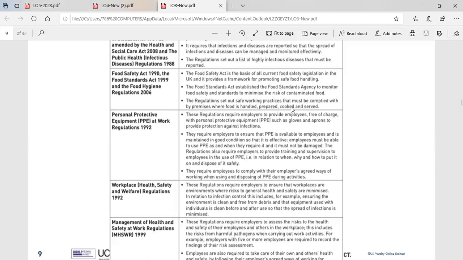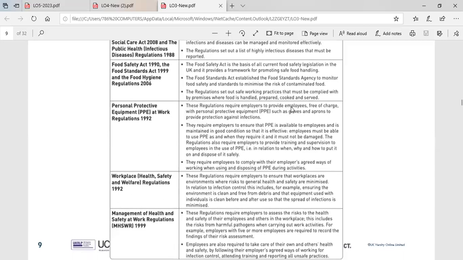This is mostly for those agencies that are dealing with food. The Food Standards Act established the Food Standards Agency to monitor food safety and standards. Regulations are set for different processes where food is handled, prepared, cooked, and served.